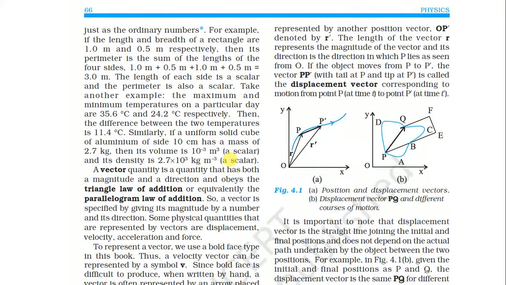So a quantity that needs both magnitude and direction to be explained, and also obeys the triangle law of addition, or equivalently the parallelogram law of addition, is known as a vector quantity.